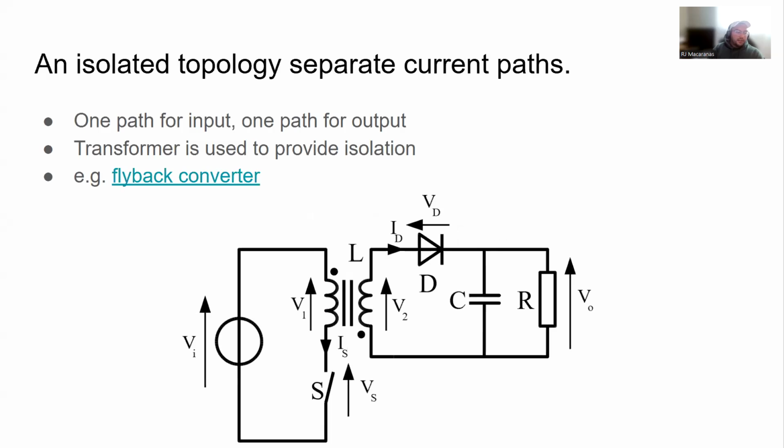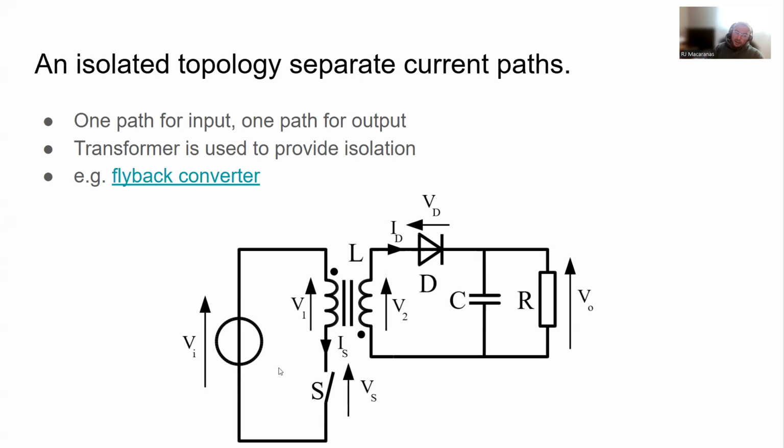So isolated topologies, again, review from last week. An isolated topology will have separate current paths, right? There's a path for current on this primary side of the transformer. There's a transformer here with a primary winding and a secondary winding, right? And the secondary winding is then connected to the output, which is just modeled as a resistor here. This resistor is going to be drawing some amount of current.